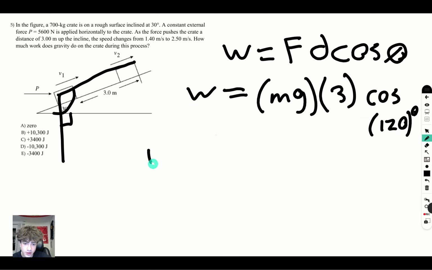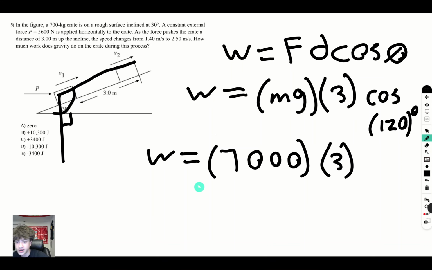From here, finally, we're just going to have to plug in our mass, 700 kilogram crate. We can assume gravity is just 10 meters per second squared. So 700 times 10 gives you 7,000 times 3 times cosine of 120. The cosine of 120, if we draw it on the unit circle, here I'm going to provide a rough unit circle. It's going to be here.